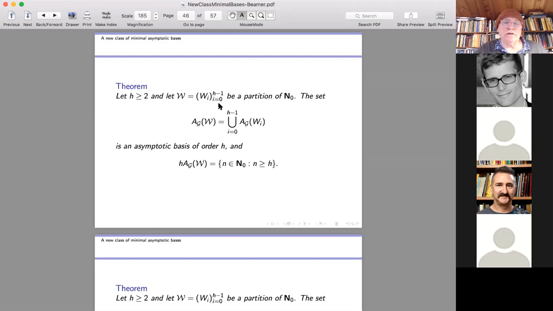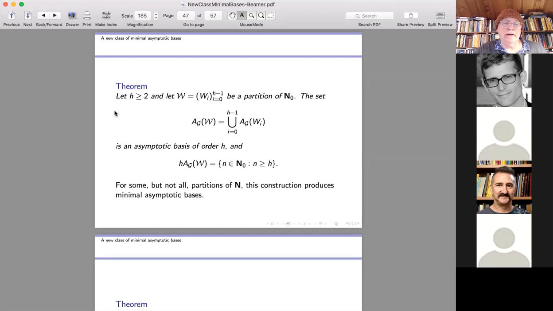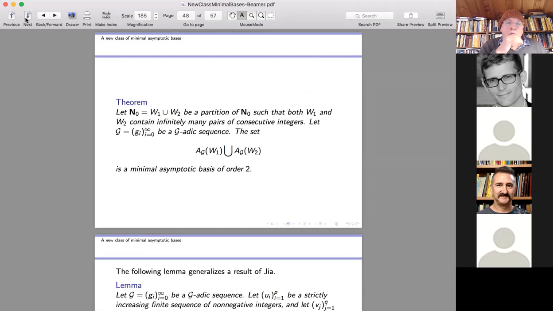So it's natural to try to figure out whether a set of this form can be a minimal asymptotic basis. Sometimes it is, and sometimes it's not. So for some, but not all partitions of the non-negative integers, this construction produces minimal asymptotic bases.